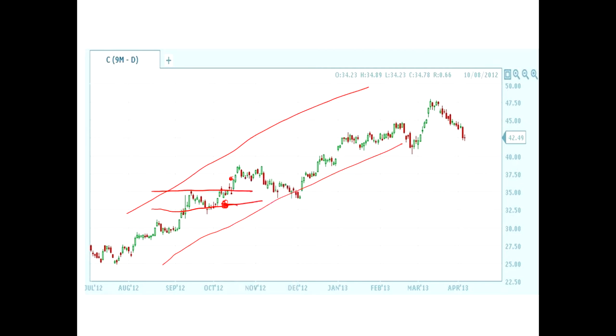So you bought right here, right around 34. And then you decide you want to sell right around 36. And remember, don't ever go into a trade unless you know where you're going to sell it at.